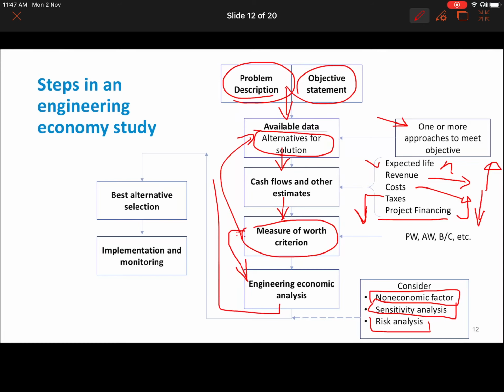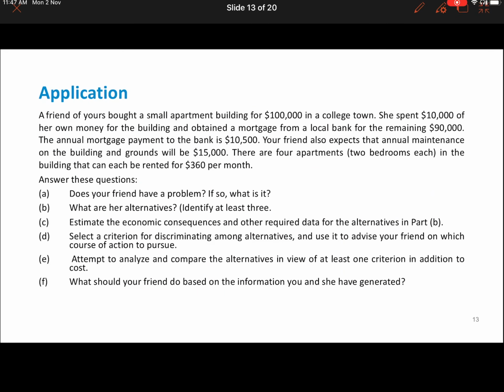Once you do the engineering economic analysis, you select your best alternative. Again, it doesn't mean that you have done the full work, but you need to monitor, implement, and see whether you have done this work right or not. Application: let's take this application in the next video.